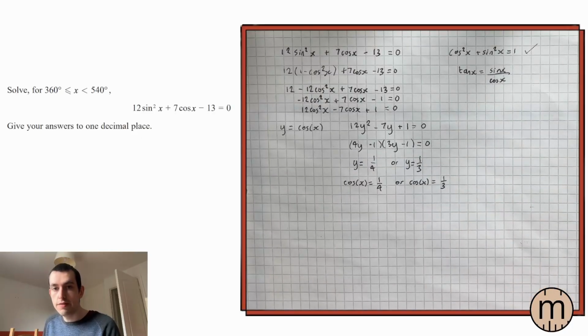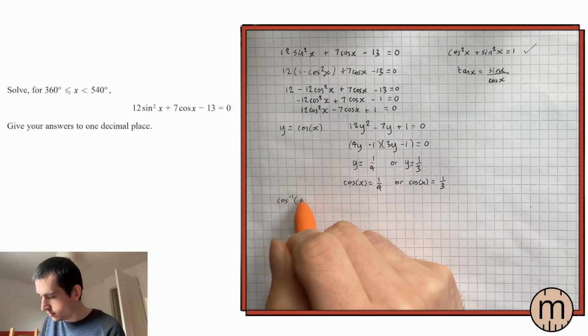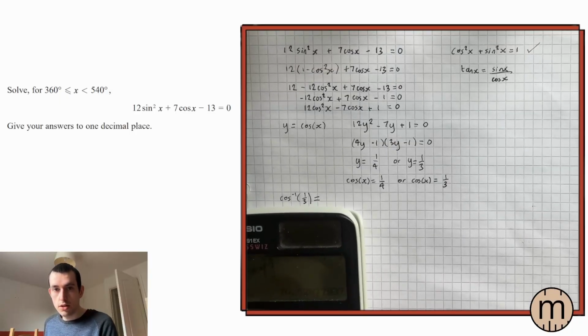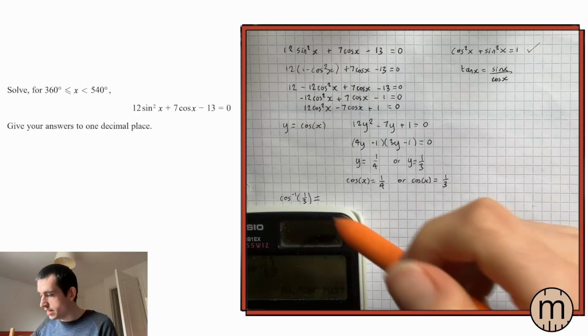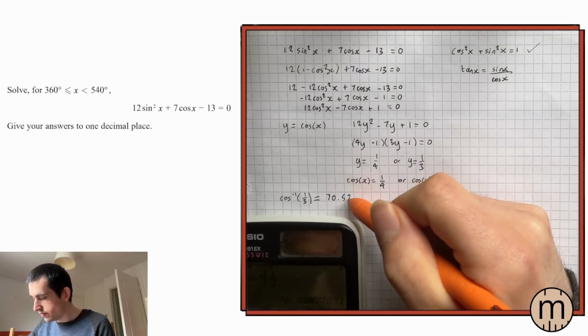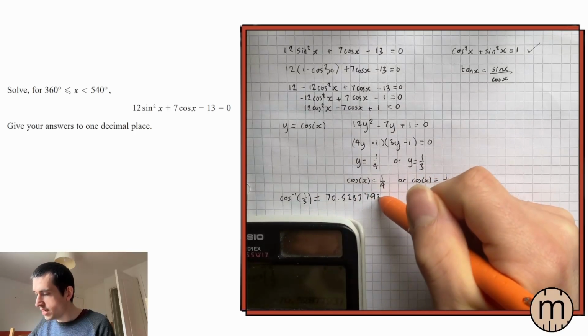From here, we need to find the actual values of x. So what I'm going to do is the inverse cos of a quarter and the inverse cos of a third to get the principal values of x. So using the calculator, cos to the minus 1 of a third is 70.52. I'm going to write down all these decimals.